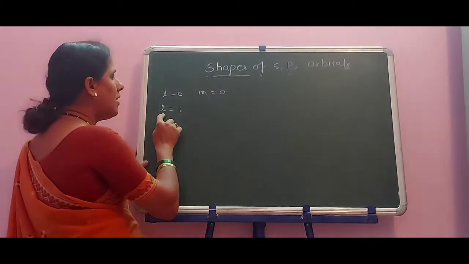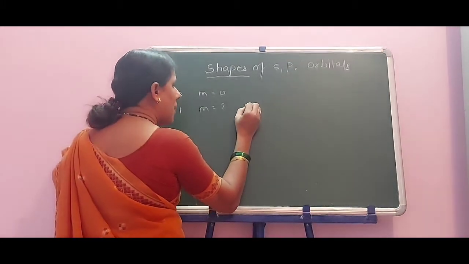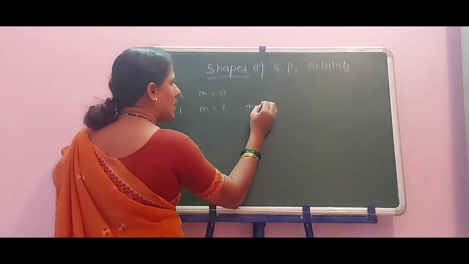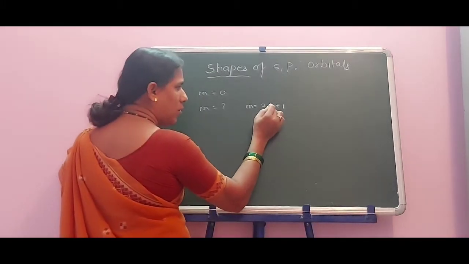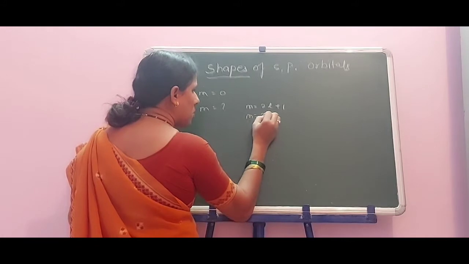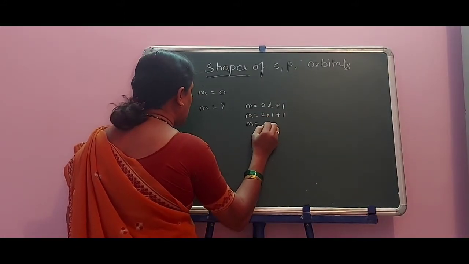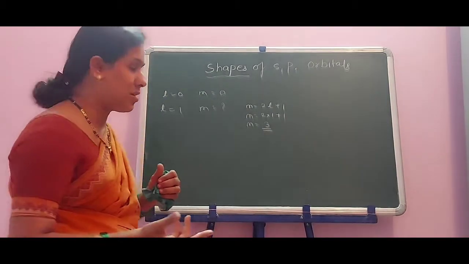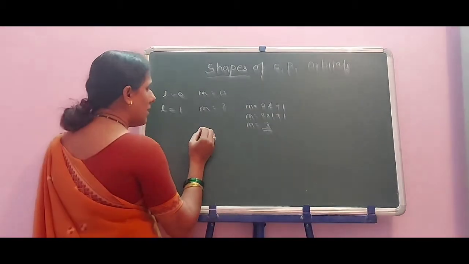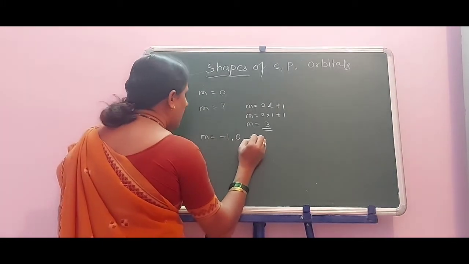According to the formula, the number of m values is 2l plus 1. Putting l equal to 1, that is 2 into 1 plus 1, so the number of m values is 3. Which are these 3 values of m? They are -1, 0 and +1.